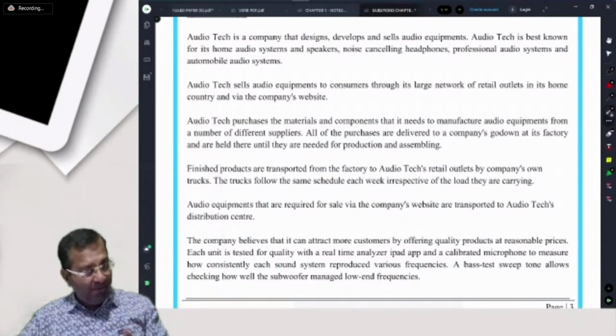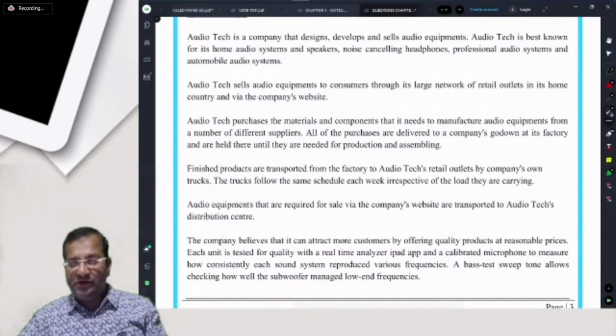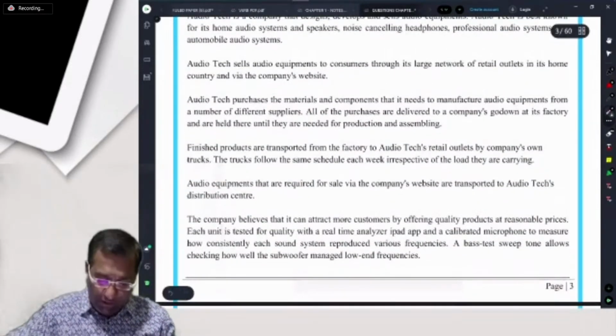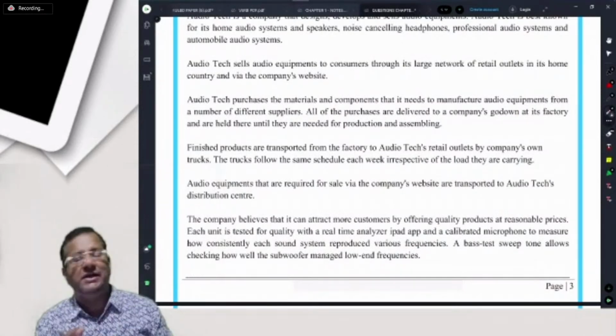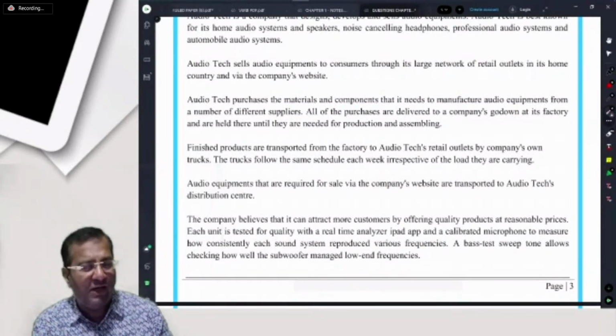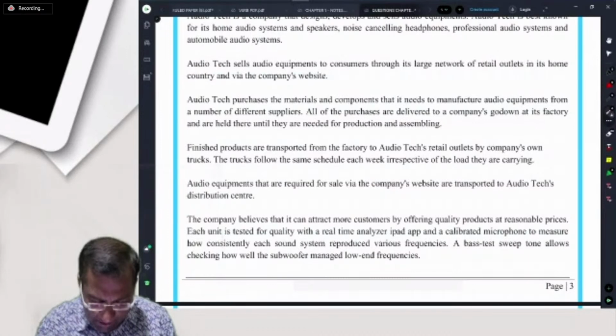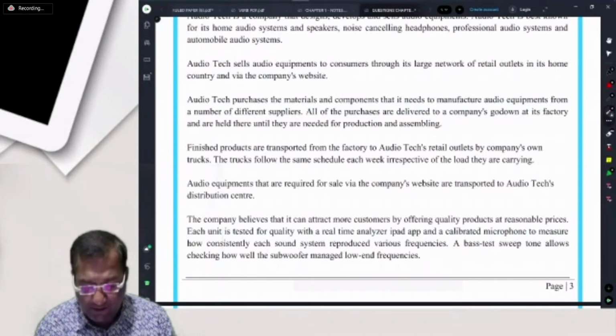Now in second para, we have to link this theoretical point with Audiotech. Okay, so in this particular question, I think it's really uncommon that you know what are the components required to manufacture audio equipment. They have given certain technical terminologies, materials and equipments.